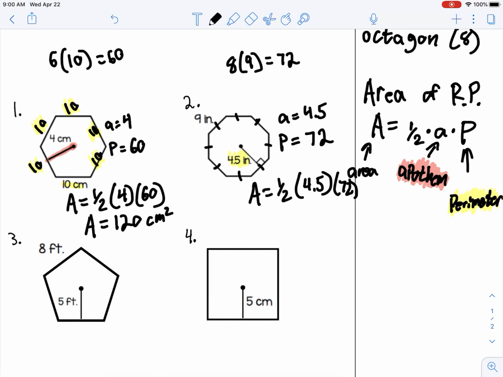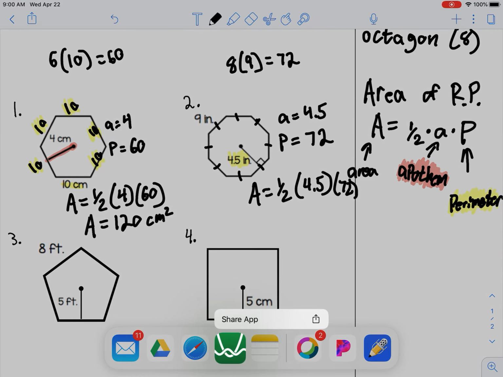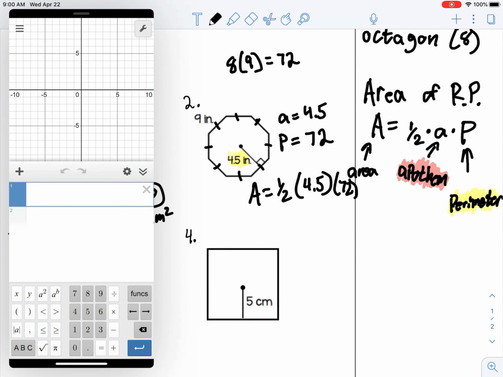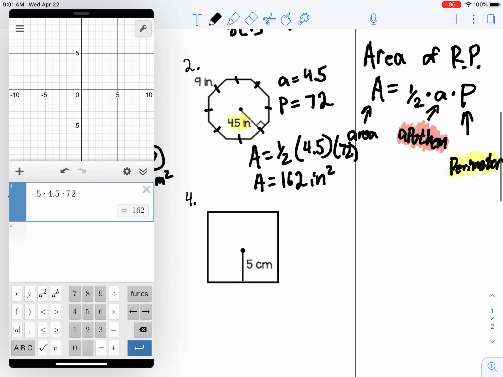So I'm going to pull up my calculator. 1/2, also known as 0.5, times 4.5 times 72. So my area here is 162 inches squared. Okay, easy so far.